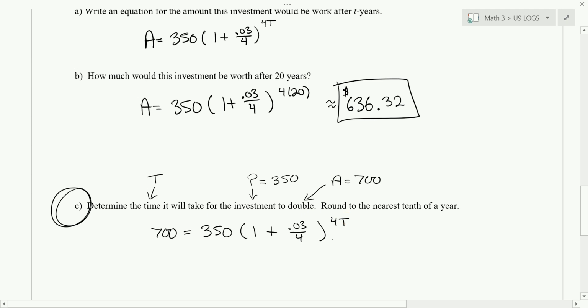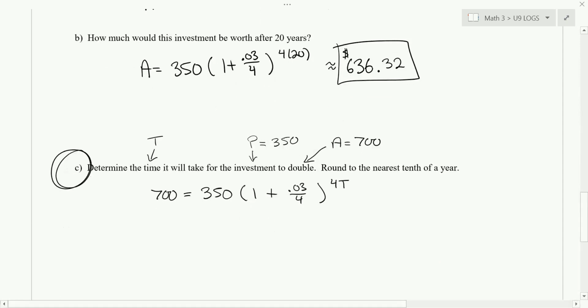And solving this, anybody try to solve it? Anybody feel good about solving this one? Maddie, good job. Maddie, what'd you do first? Okay, so you're going to figure out what's in here?